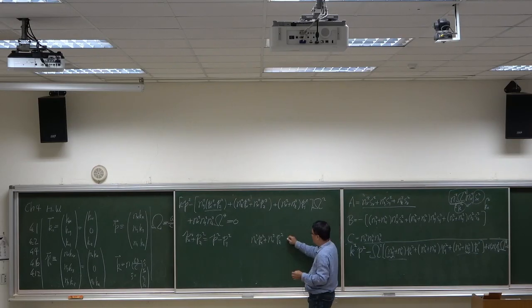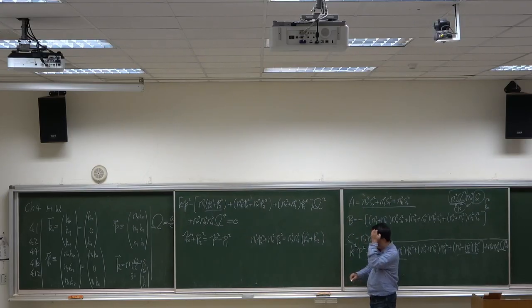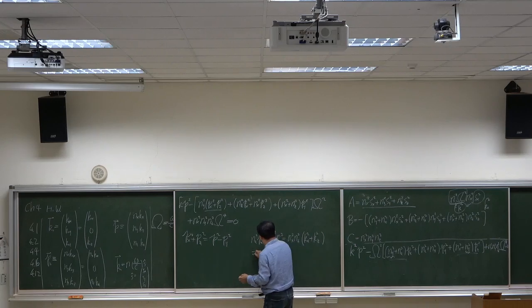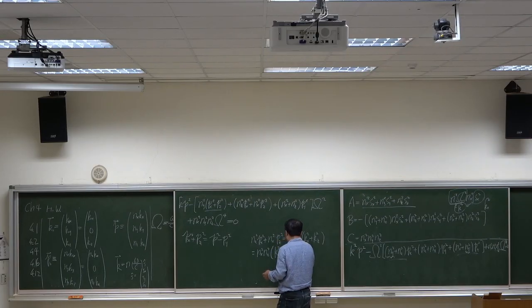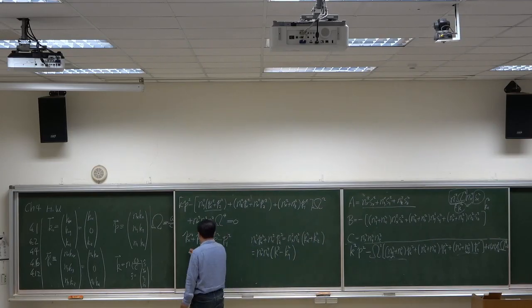This is just equal to nx squared nz squared times kx squared plus kz squared, and this is equal to k squared minus ky squared. And remember here py squared is just ny squared times ky squared.